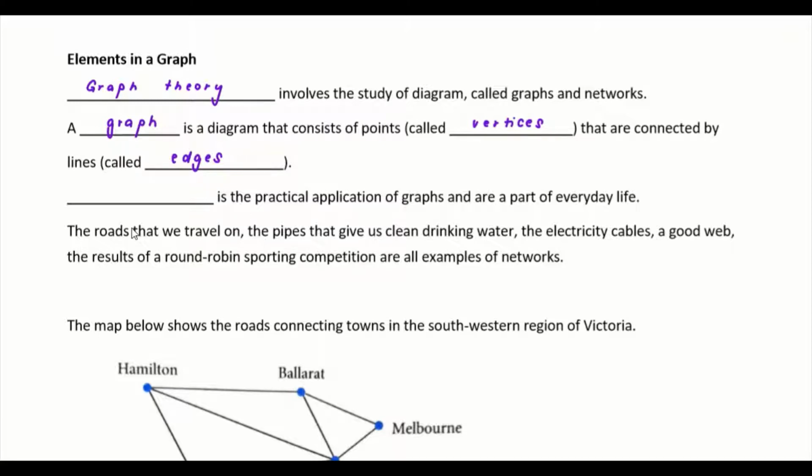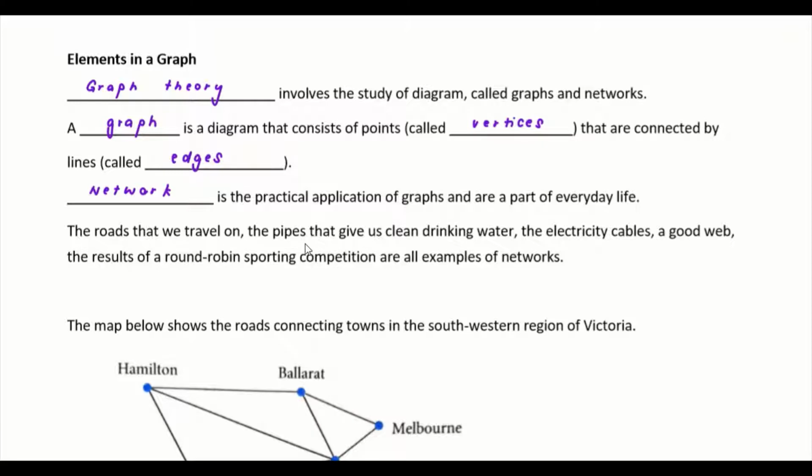Okay, so a graph means the diagram. When we use a graph in some application, it is called a network. Network is the practical application of graph, and they are just a part of our life. You can imagine the routes that we are traveling on when you put them on a map.